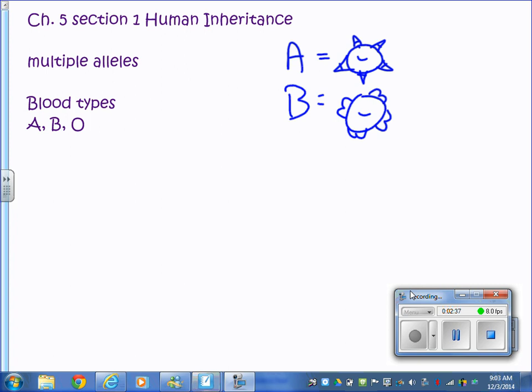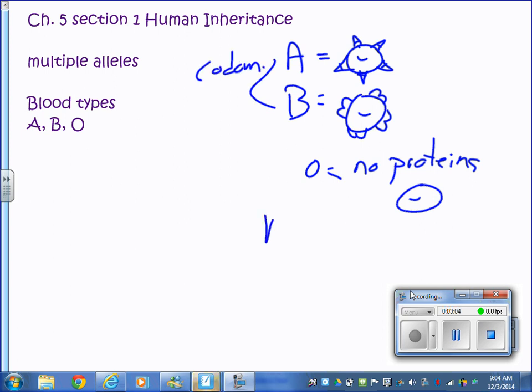Okay. Now, trick question. What if you get type O? No proteins. Yeah, you guys are paying attention. No proteins on the surface of your blood cell. There you go. So here's the thing. So A and B are codominant.